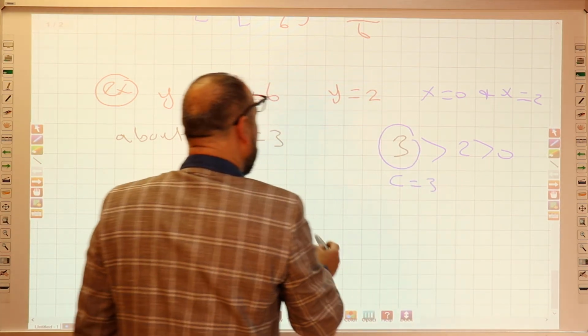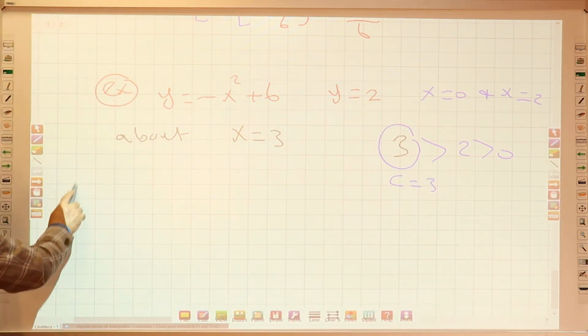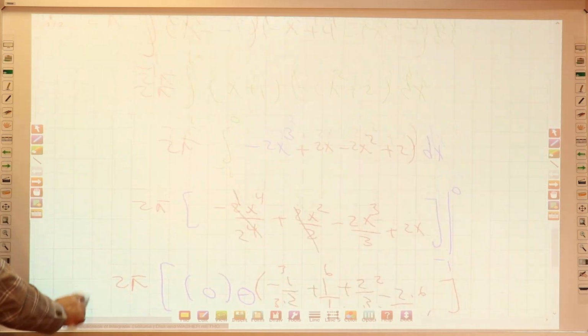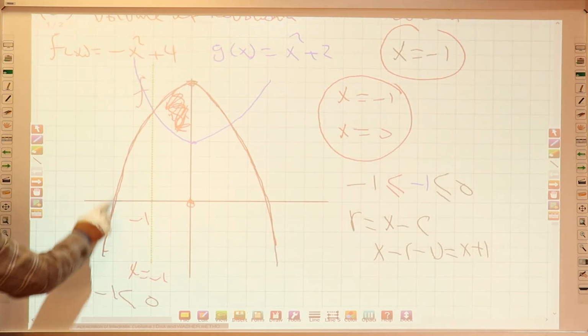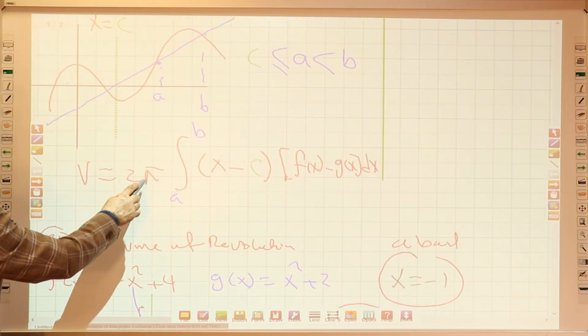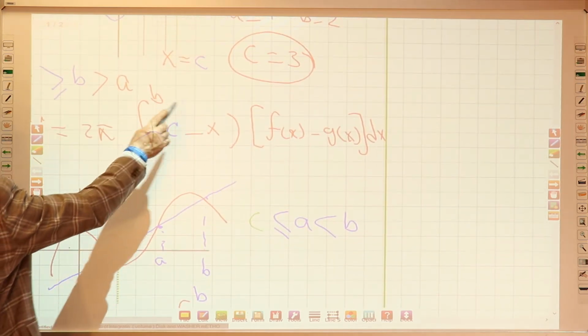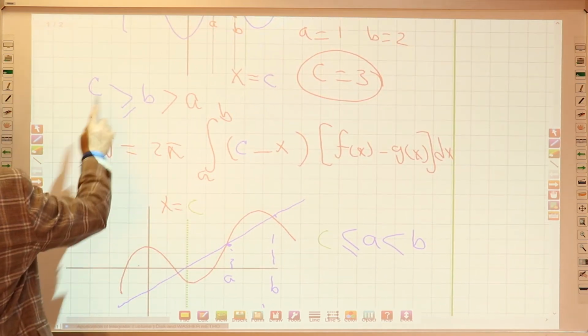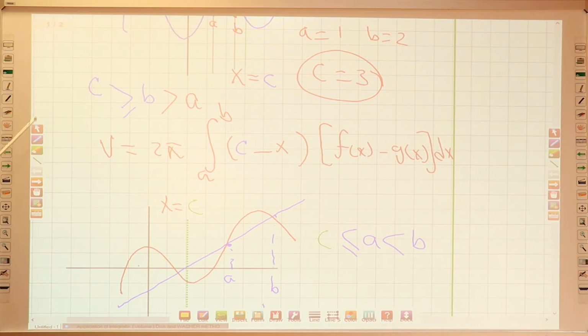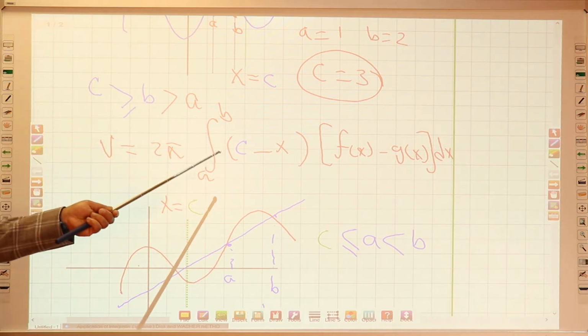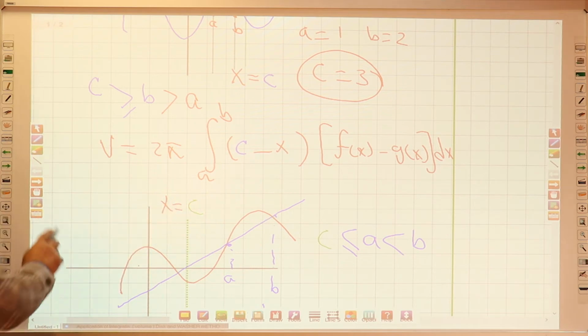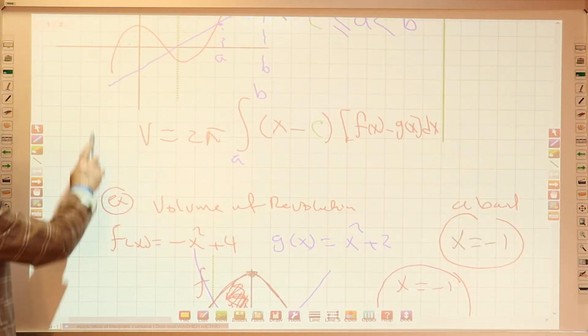Now the rule says, back to the rule: when C is greater than both A and B, then we're going to use C minus x. Then my radius is 3 minus x. You see how easy it is?